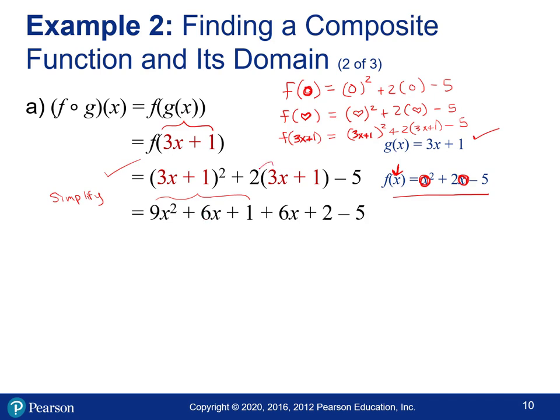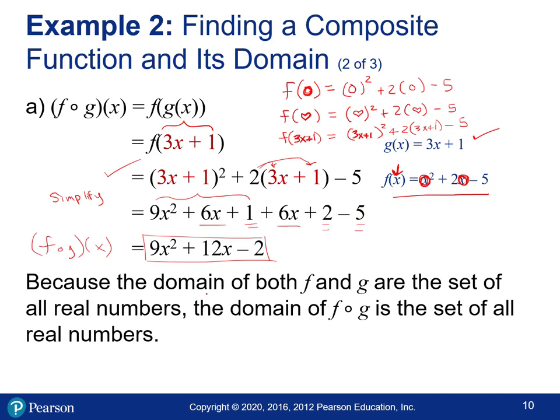And then over here you're going to distribute the 2, so that's these terms, and then minus 5. Then combine like terms, all your numbers here, and you get 9x squared plus 12x minus 2. That is f composed of g of x.